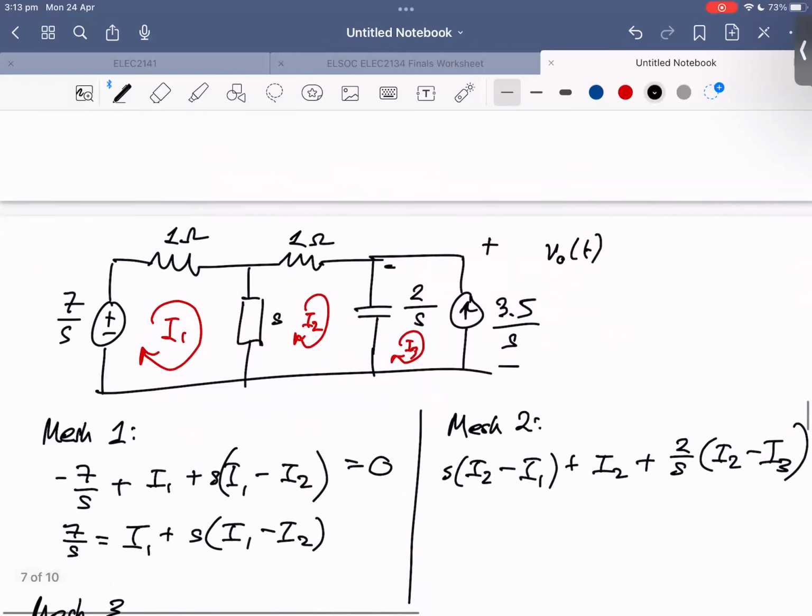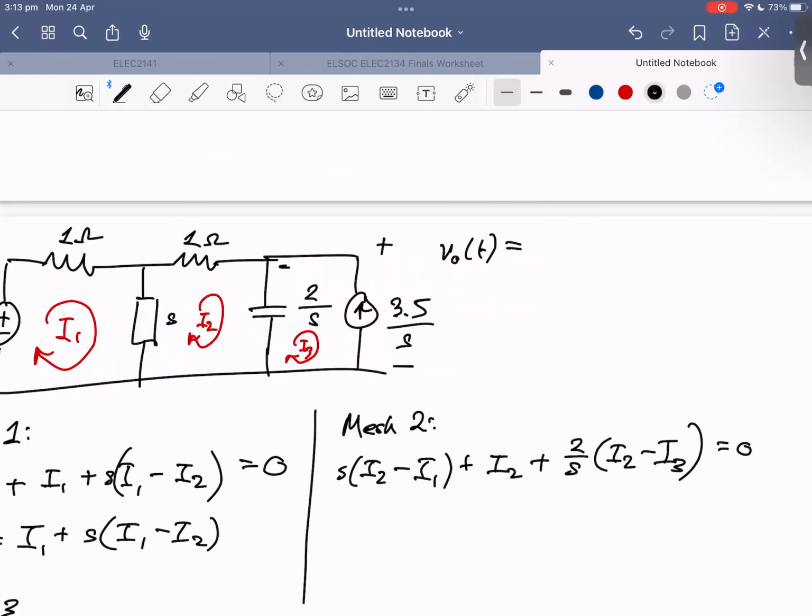Recall that the question wants v0(t), which in terms of the mesh currents I can get using Ohm's law, V equals IR. The mesh current is I2 minus I3 times the impedance, which is 2/s. As long as I can get this, I'm fine. The next step is to inverse Laplace that into the time domain because it wants v0(t).